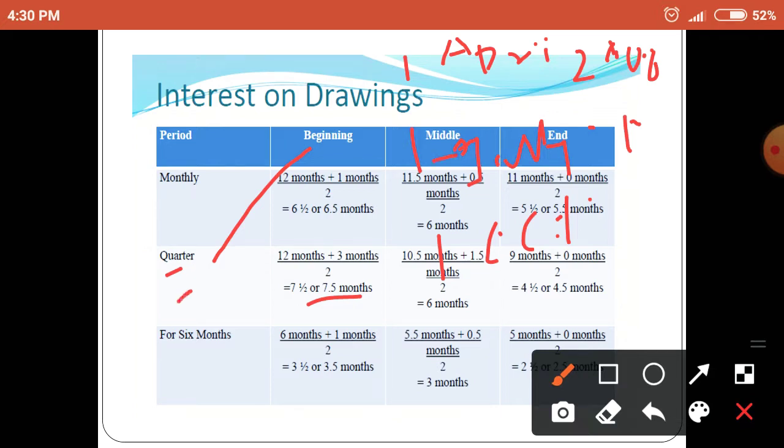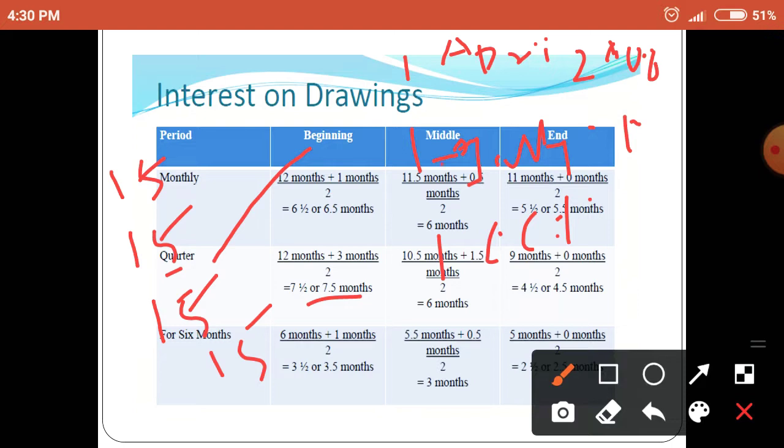Middle of each quarter means what? The same quarters, April, July, October, with a 3 month gap between them, and the dates are 15th April, 15th July, 15th October.